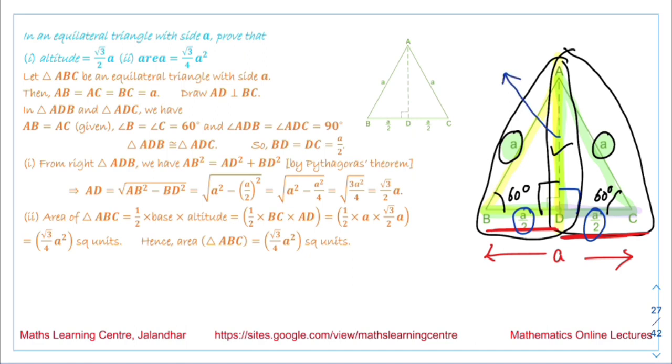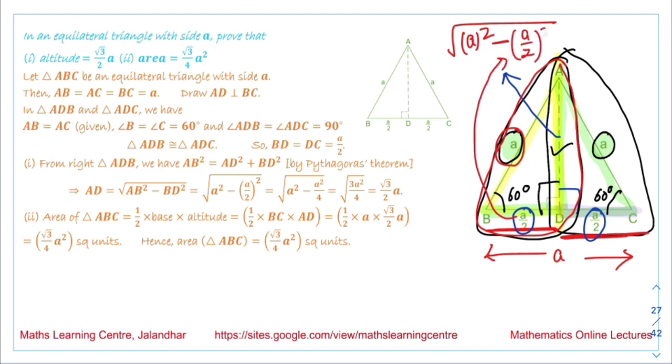Now we have to calculate the length of this altitude. The length of this altitude will be the square root of a square, the hypotenuse of triangle ABD, minus the base squared, a by 2 square.